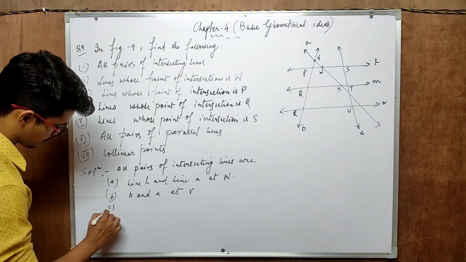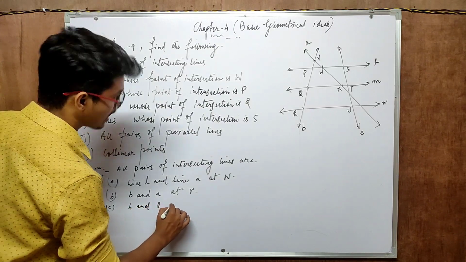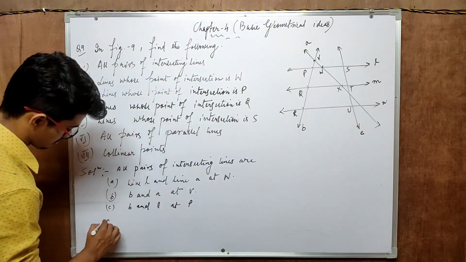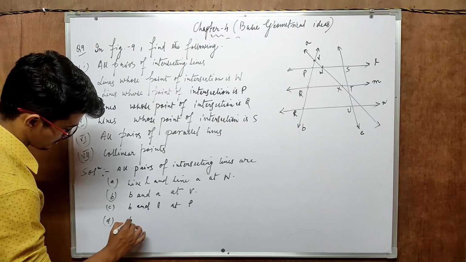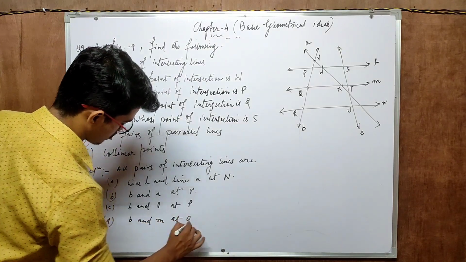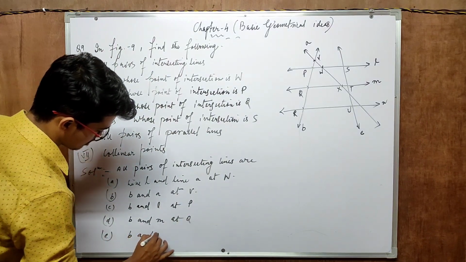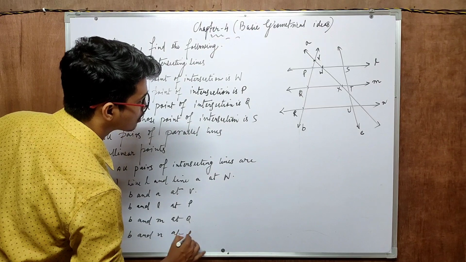The third one will be B and L at P, D will be B and M at Q, E will be B and N at R.